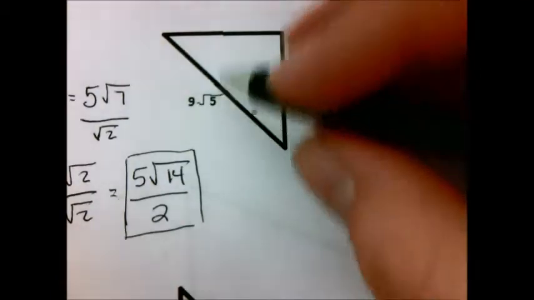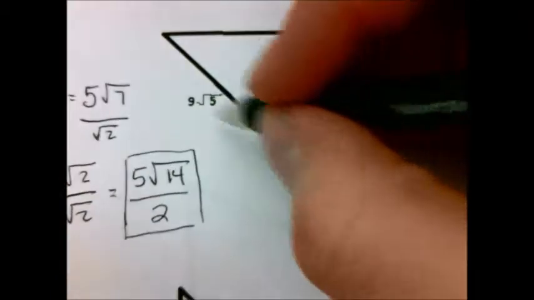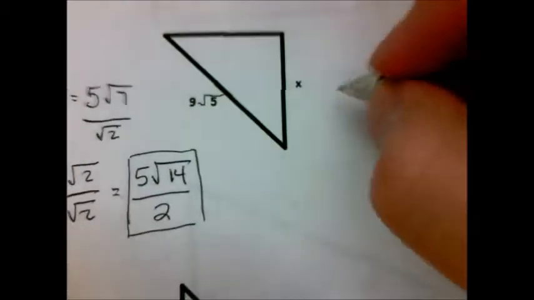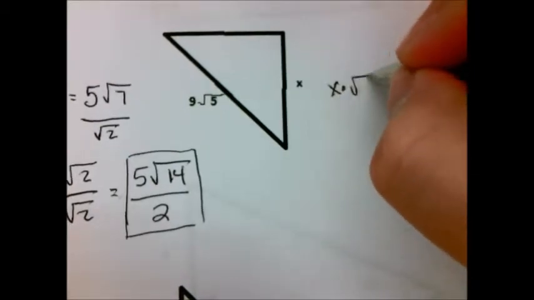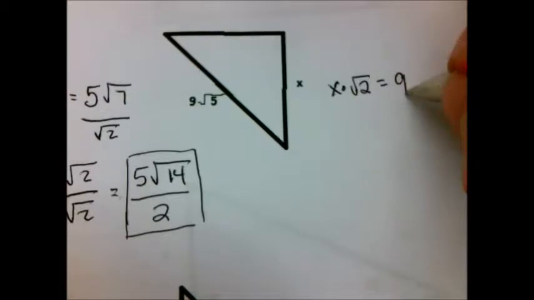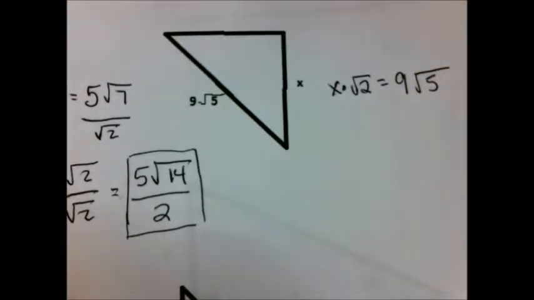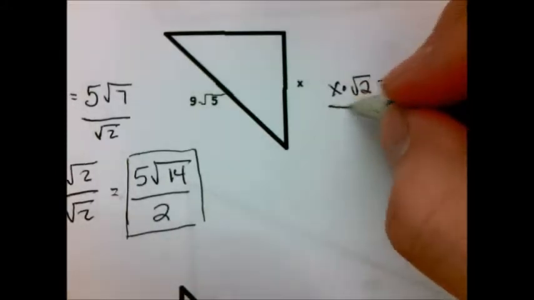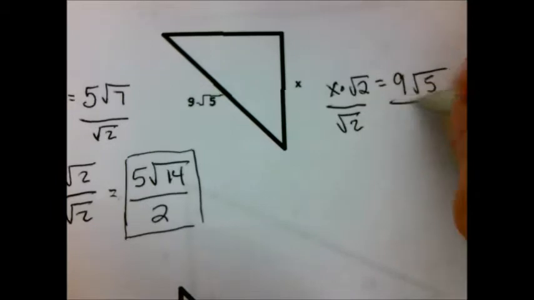Okay, same idea. We're doing the hypotenuse again. So we got x times square root of 2 equals 9 square root 5. Solve by dividing by square root of 2.